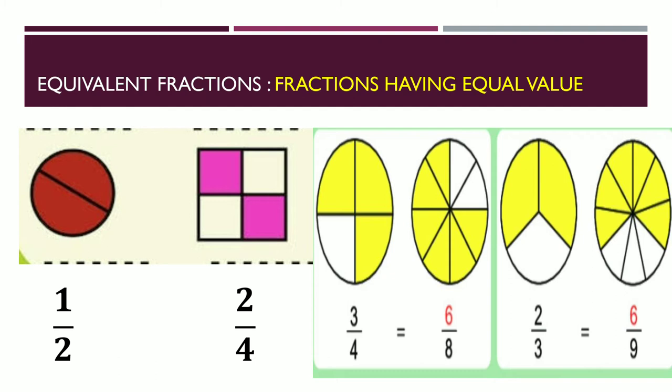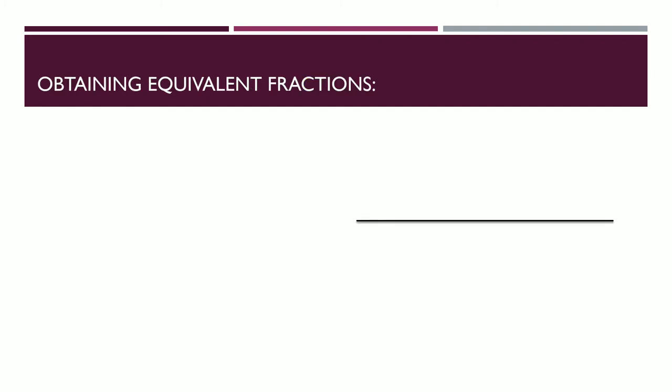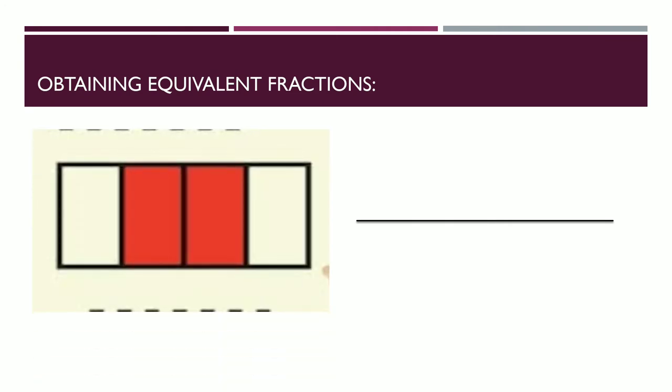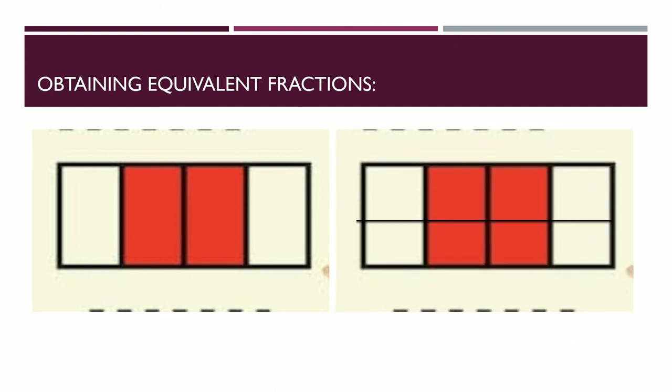How to obtain equivalent fraction? See the figure of rectangle. The rectangle is divided into 4 parts and 2 parts are colored. It is shown as 2 upon 4.